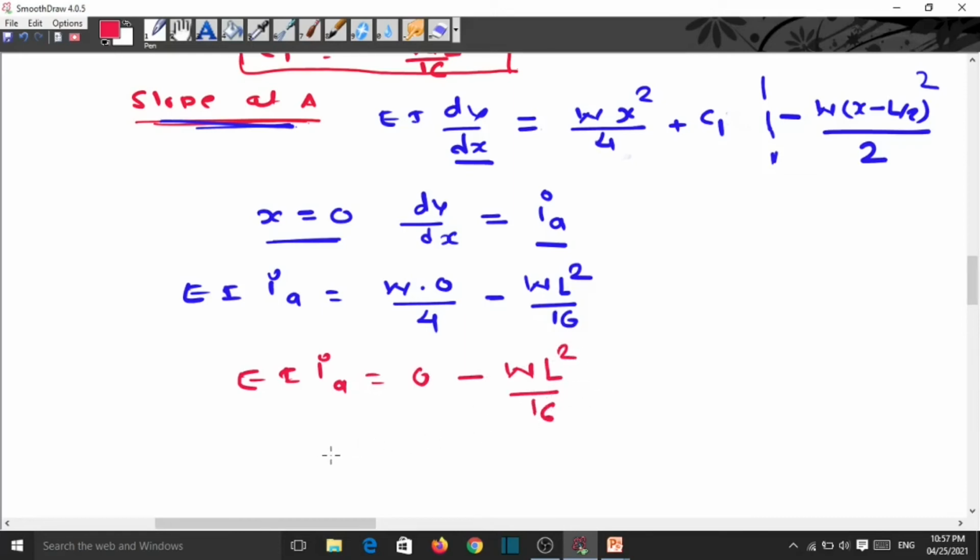So theta A is equal to minus WL square by 16 EI.